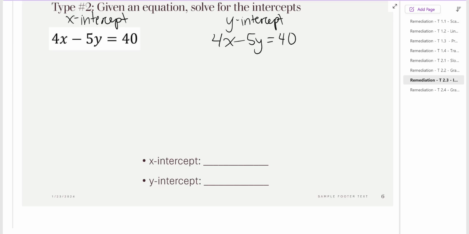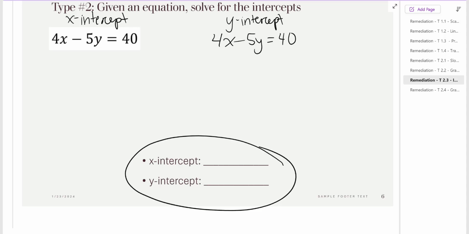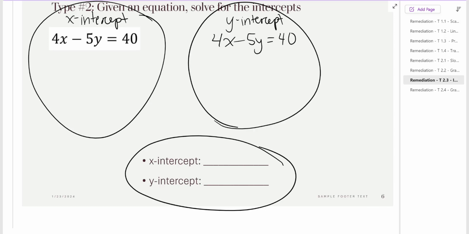A common mistake is that sometimes my students only do one equation, but we're looking for both intercepts, so you have to solve the problem 2 times.